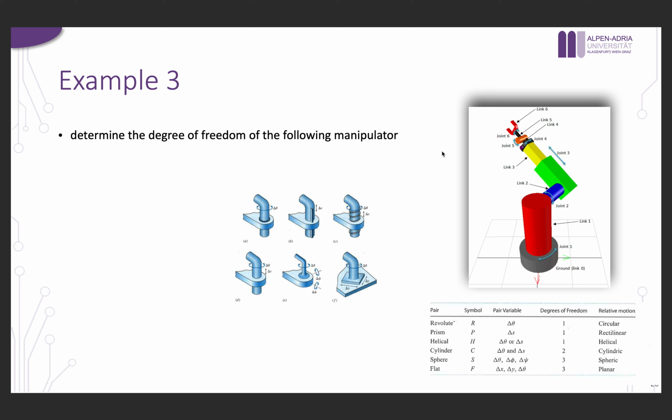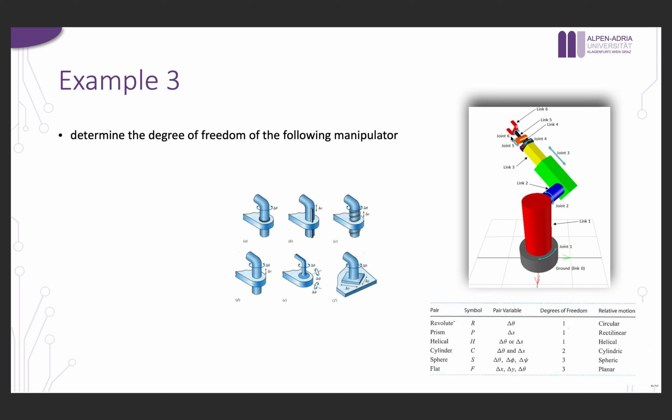Now the question is how many degrees of freedom this robot arm has. The first thing that I would look at, especially when it comes to a robot arm, is how many joints I have. I have here 1, 2, 3, 4, 5, 6.